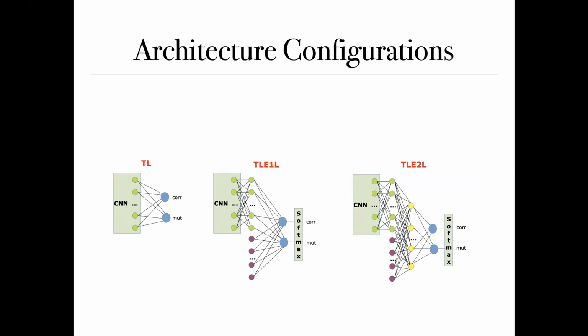To answer question 2, regarding transfer learning, we defined 3 architecture configurations. The first one, transfer learning TL, is the as-is configuration. We just add an output layer with 2 neurons, one for each class, call it mutant.